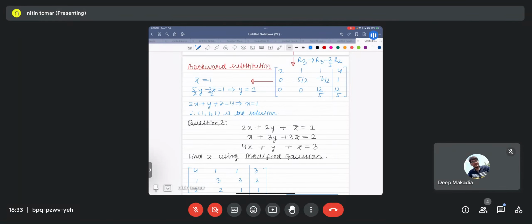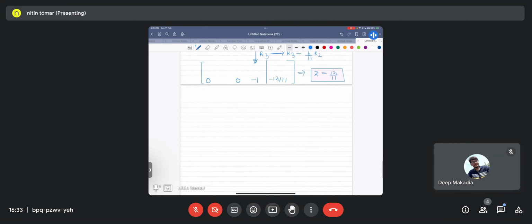Exactly. And what about the operation count? I mean the number of operations. For example, if I give you this system, x plus y equal to 2, and let's say 2x plus 2y equal to 4.